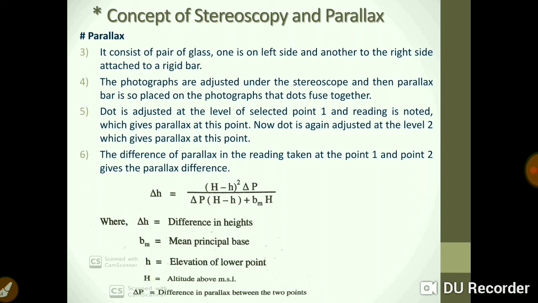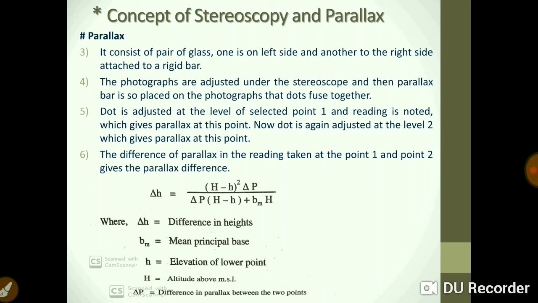Now this value we can put in the given formula. The difference of parallax in the readings taken at point 1 and point 2 gives the parallax difference. We are going to find delta H, which is the difference in heights, that is the height of the object. To find that height, use this formula. BM is the mean principal base, that is the distance between the two eye bases. h is the elevation of the lower point, and capital H is the altitude above mean sea level, which we can call the flying height.